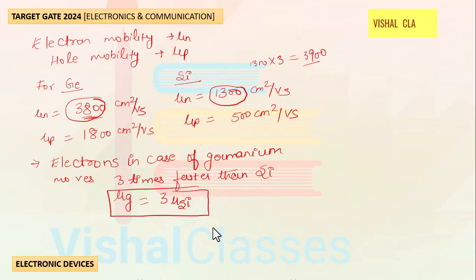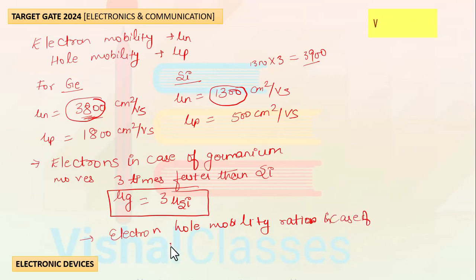Electron hole mobility ratio, mu n upon mu p, in case of germanium is nearly 2 divided by 1.